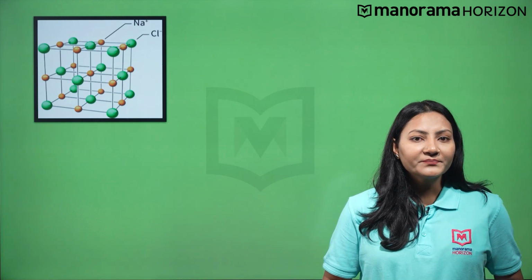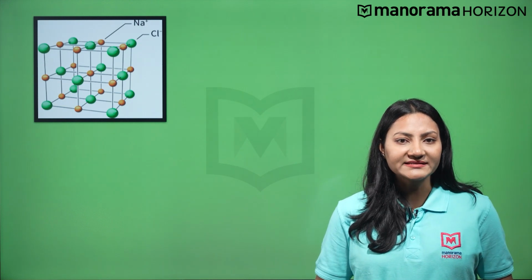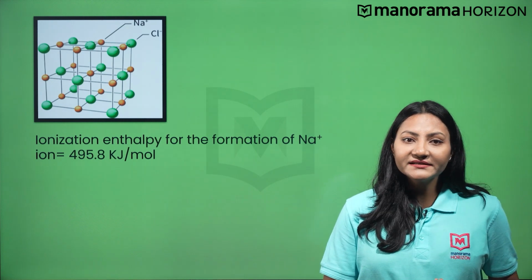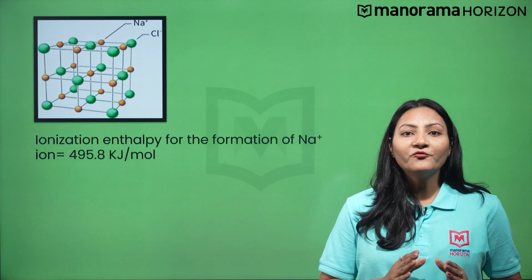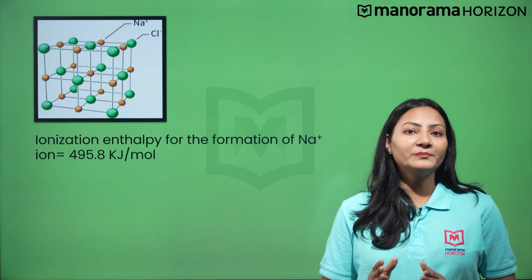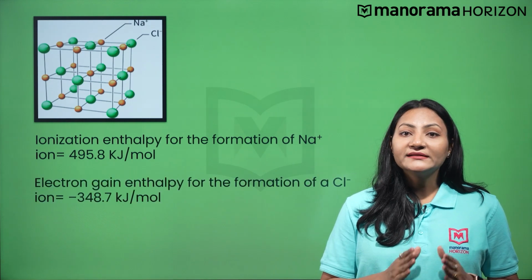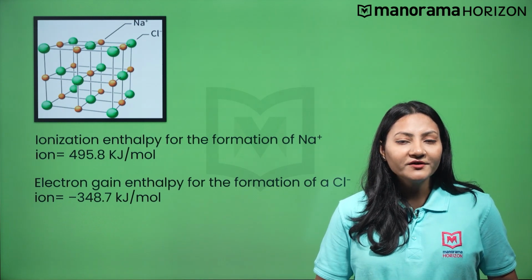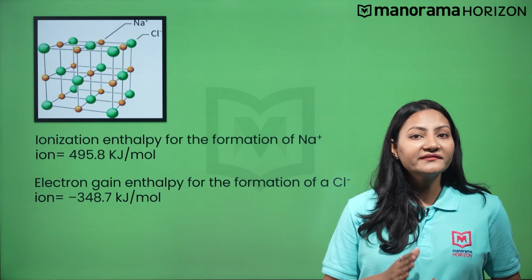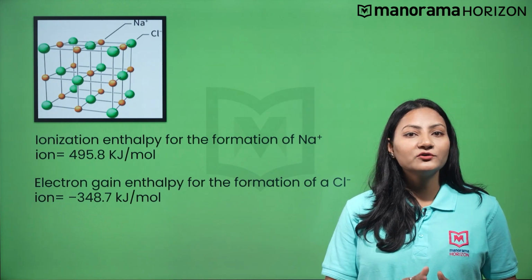For example, in the formation of sodium chloride crystal, the ionization enthalpy for the formation of sodium ion from sodium is 495.8 kJ per mole. And the electron gain enthalpy for the formation of chloride ion from chlorine is minus 348.7 kJ per mole.